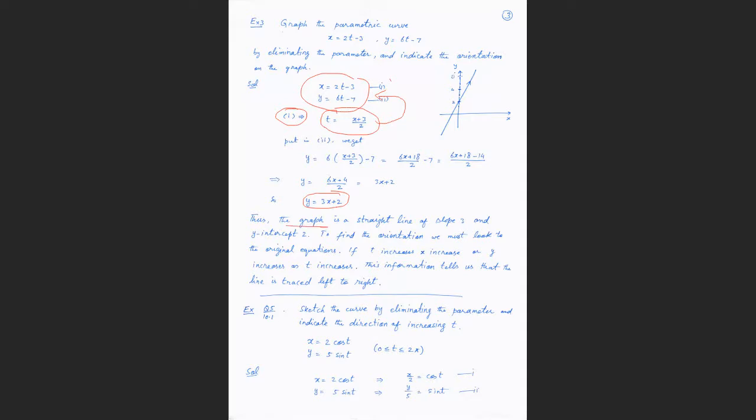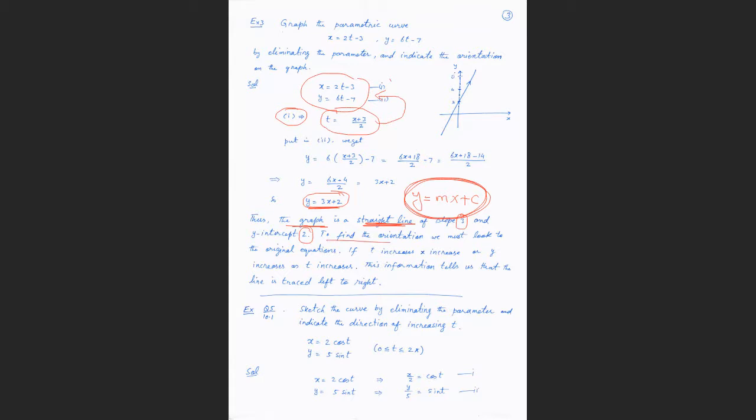So this graph is a straight line. You know, y is equal to mx plus c. If any equation is in this form, it is the equation of a line. It has slope 3 and y-intercept 2.